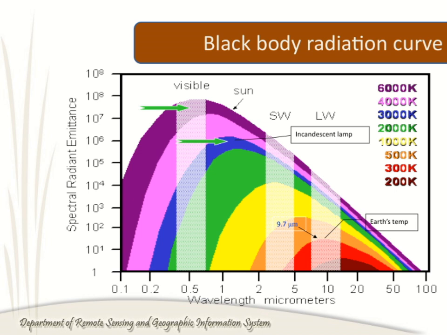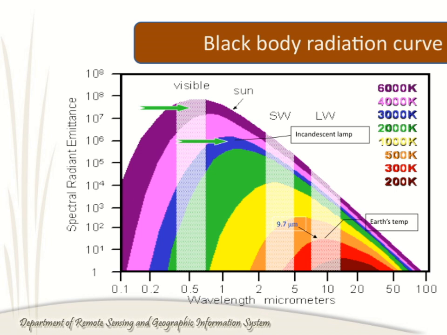Now compare that to an incandescent lamp. Such lamps emit a broad spectrum of radiation, including visible light and infrared, because they are heated objects radiating energy across many wavelengths. This connection is important because it highlights how objects at different temperatures emit different spectra.